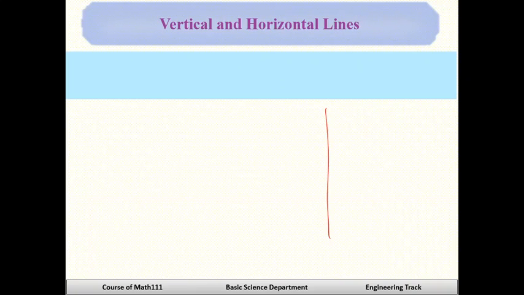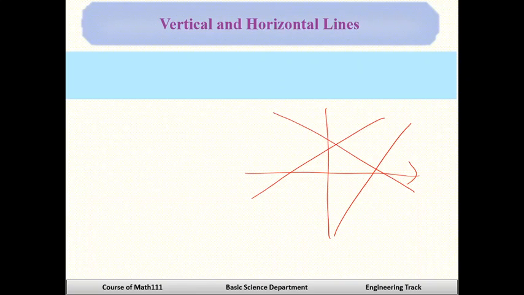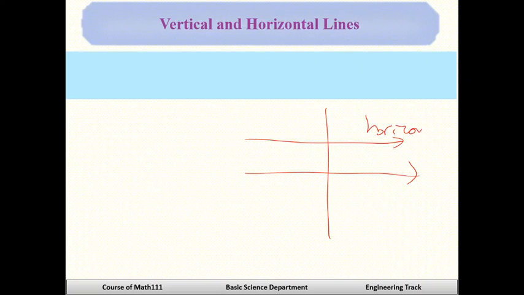So far we have seen lines like this or this, and we also have horizontal lines and vertical lines. We will call this one a horizontal line, and this type a vertical line.